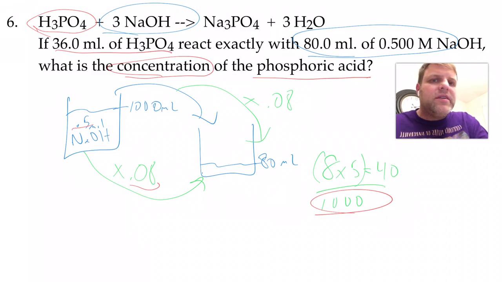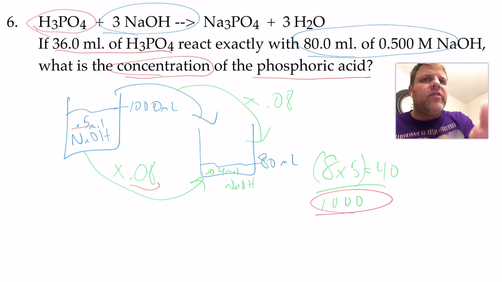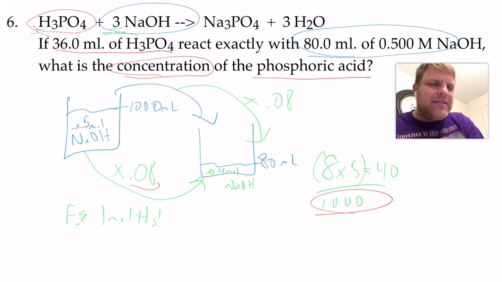So 40 over 1,000 is 0.04 moles of NaOH. Okay, and that is a 1-to-3 ratio here. So for every 1 mole of H3PO4, I've got 3 moles of NaOH. And this time I've got 0.04 moles of NaOH.